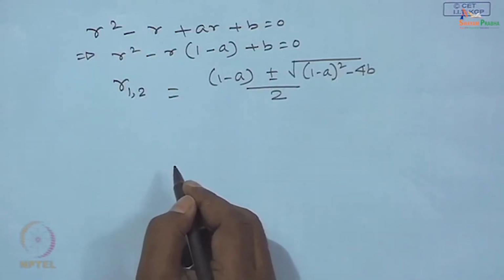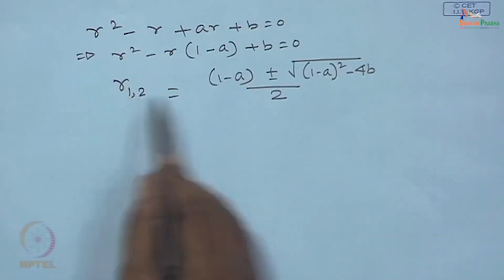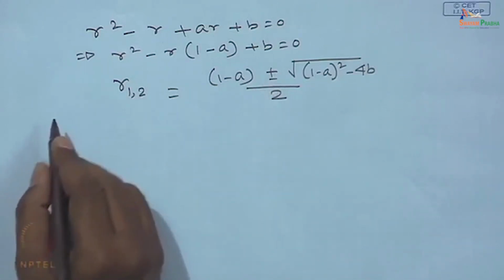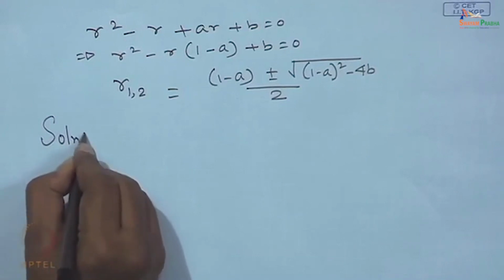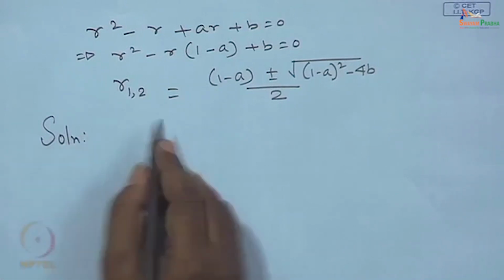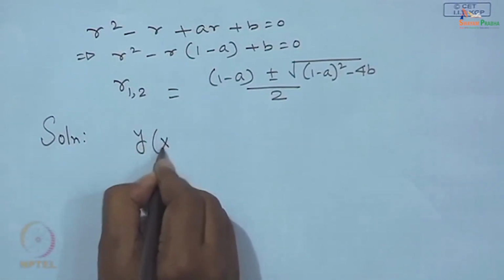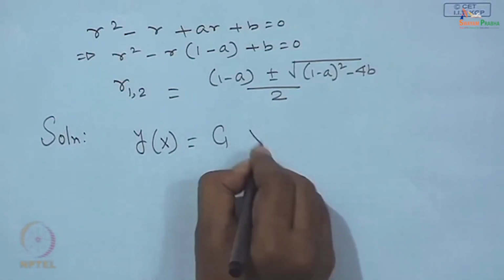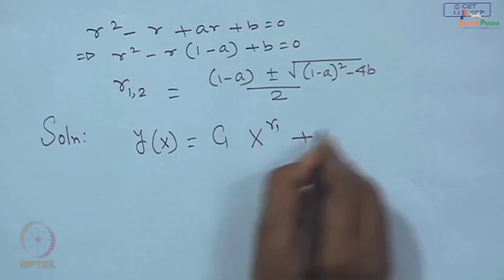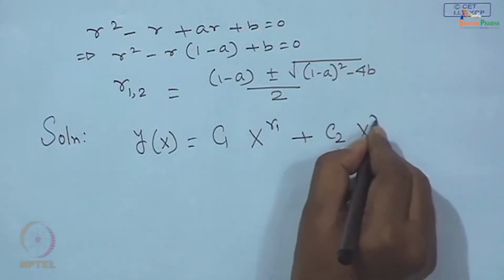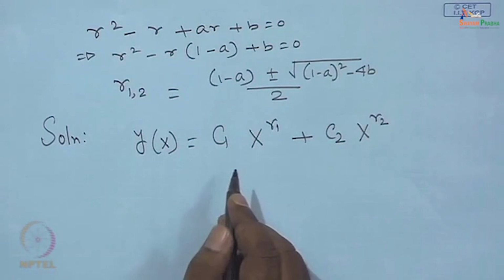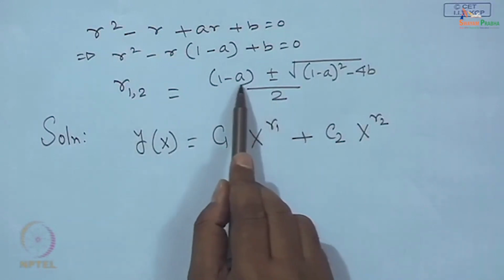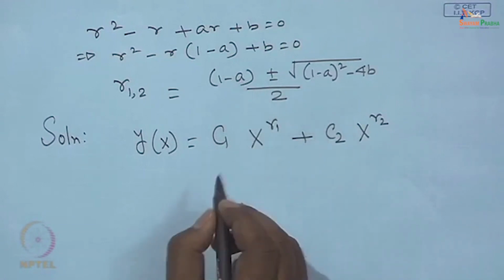One root corresponds to plus, another root corresponds to minus. So, therefore, the solution of Euler's equation is y as a function of x is c 1 x to the power r 1 plus c 2 x to the power r 2, where r 1, 2 is given in terms of the known parameters a, b, etc.